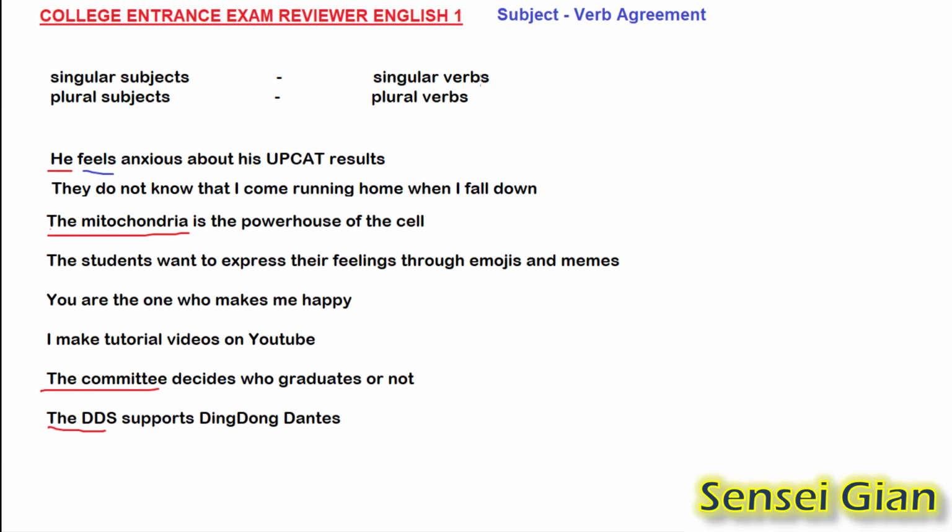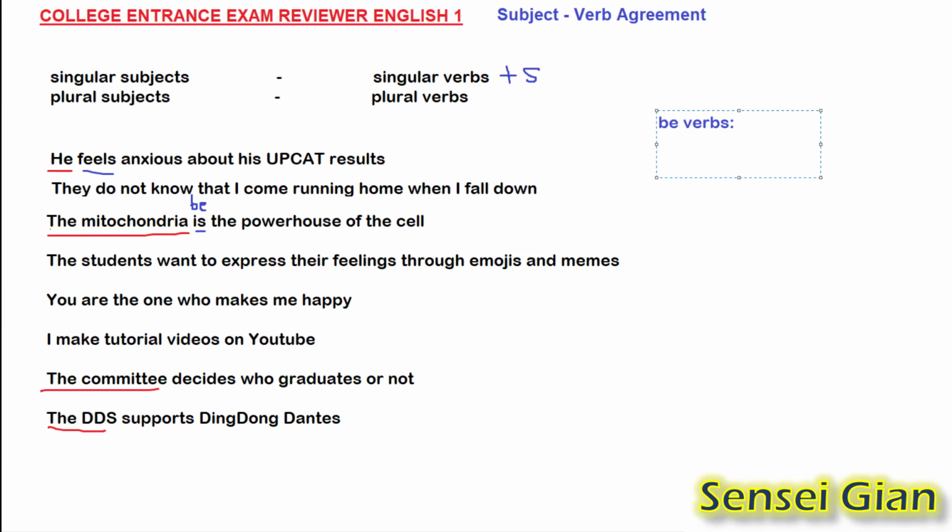You should notice that singular verbs always have an added s after the verb. So feels. The mitochondria is. So is, what kind of verb is it? It's a be verb.